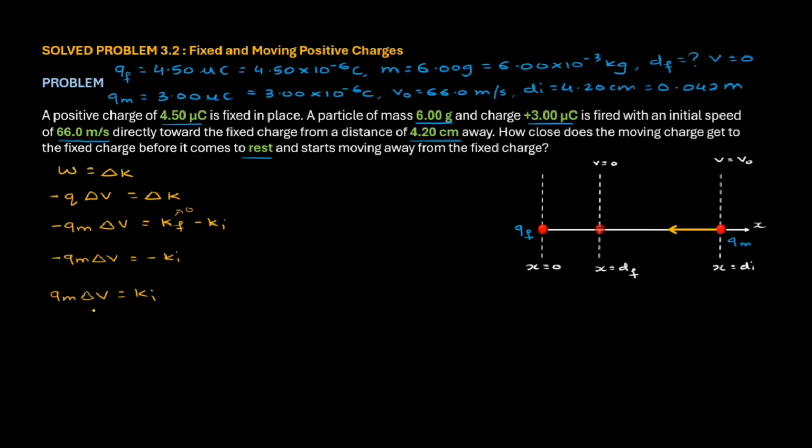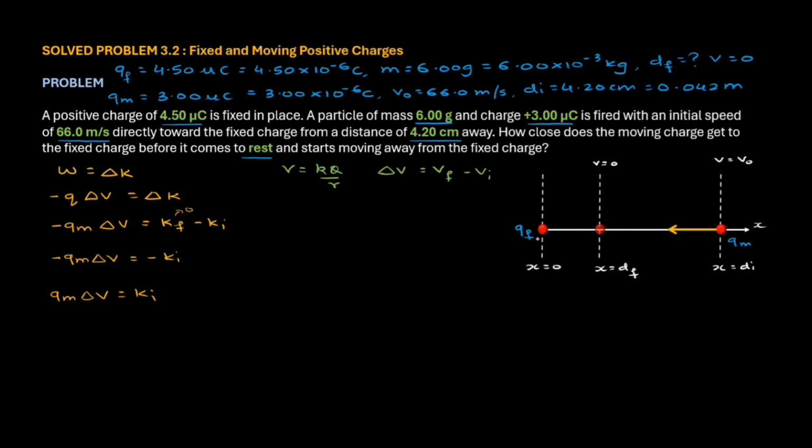Now how do we calculate the potential difference delta V? Delta V is the potential difference between the initial and final position, and I can write delta V equal to V final minus V initial. And we know we can calculate V by taking kQ over r. But which Q are we going to consider here? The moving charge Qm is moving in the electric field of the fixed charge.